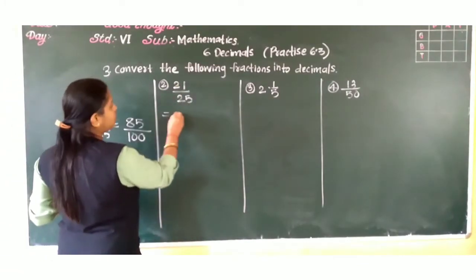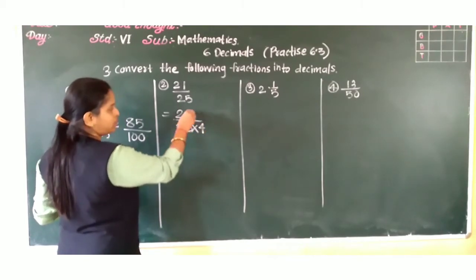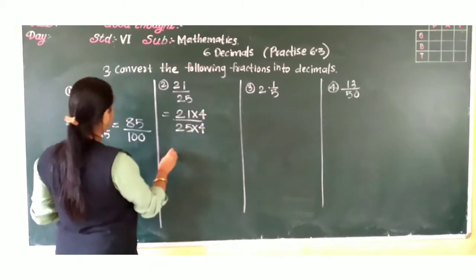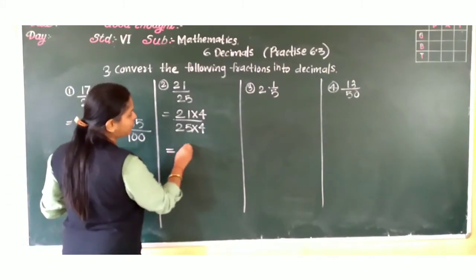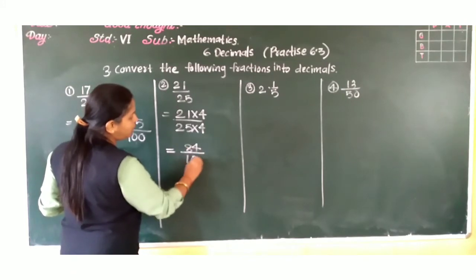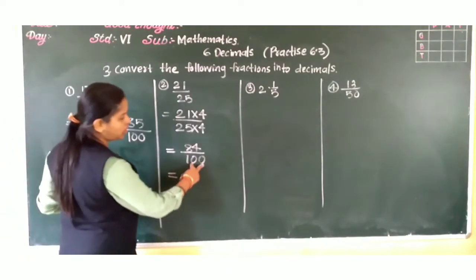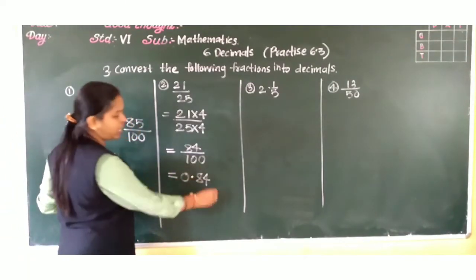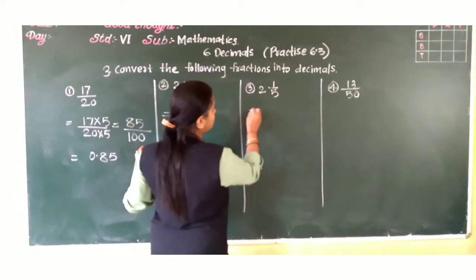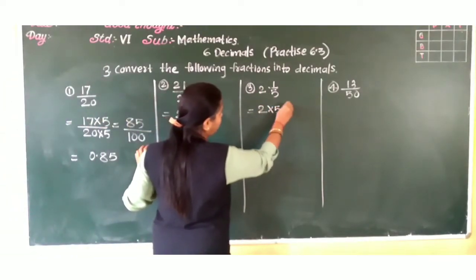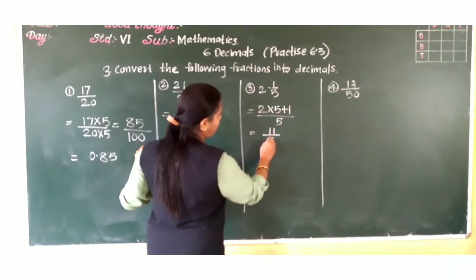Now this also, 25 fours are 100. So this also multiply by 4. Now 21 fours are 84 upon 100. So whole part nothing, so 2 zeros, 2 digits, that is 0.84. Okay. Now 5 twos, first convert into an improper fraction. 5 twos are 10 plus 1, 11 upon 5.